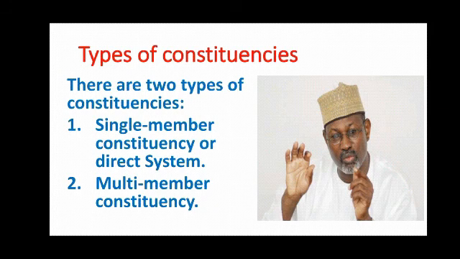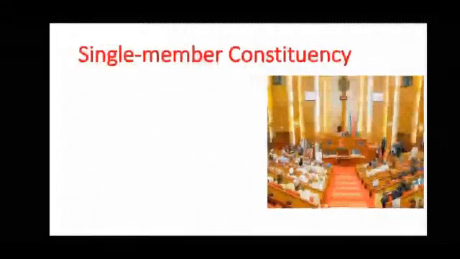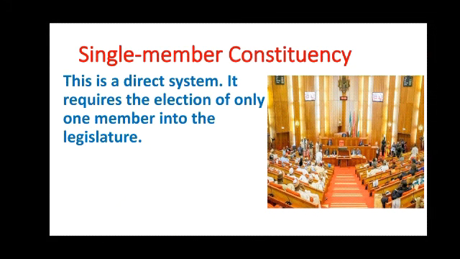Let's look at the single member constituency. The single member constituency is that type of constituency where voters vote only one member into the legislature. That is, only one member is voted from a constituency.